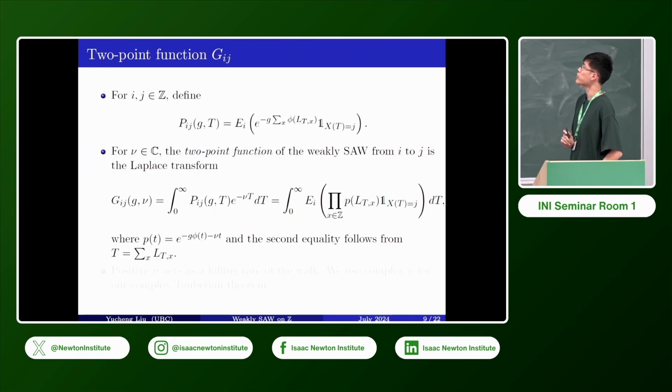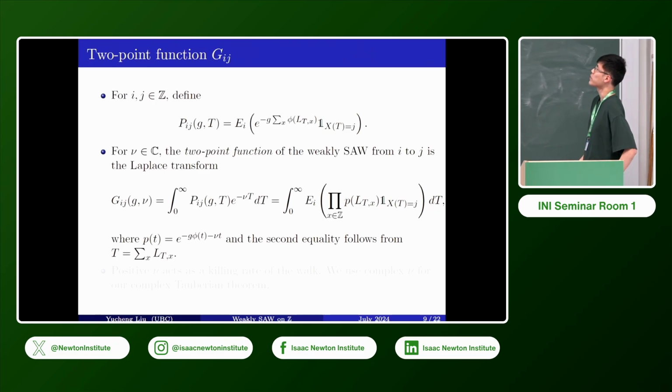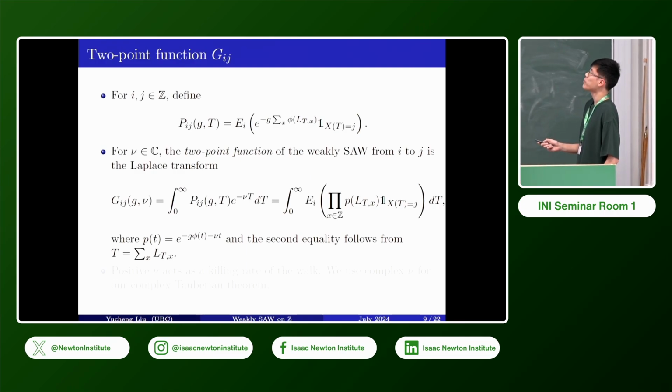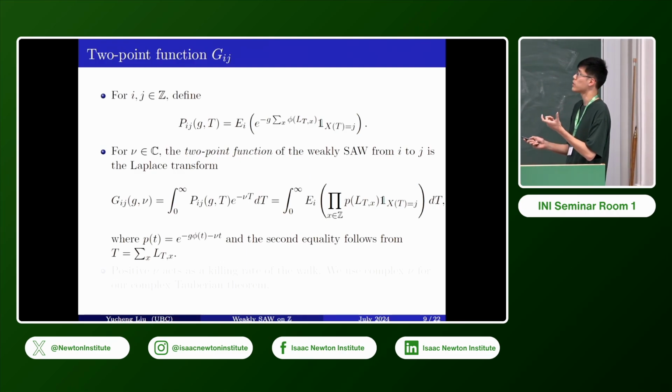Maybe before everything, I should define some more notation. This two-point function g_ij, or maybe before that, I should define p_ij, which you should think about as the transition probability from i to j in time t, but this one is not normalized.